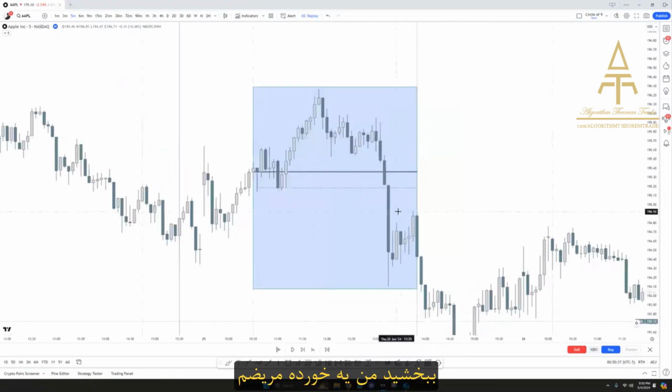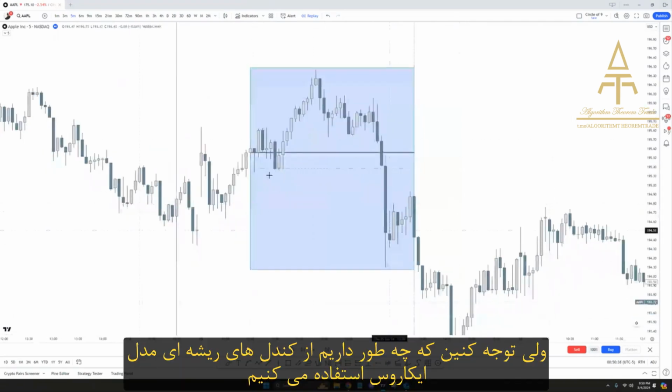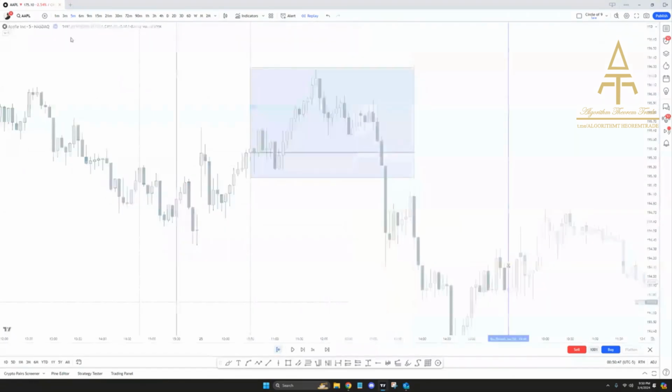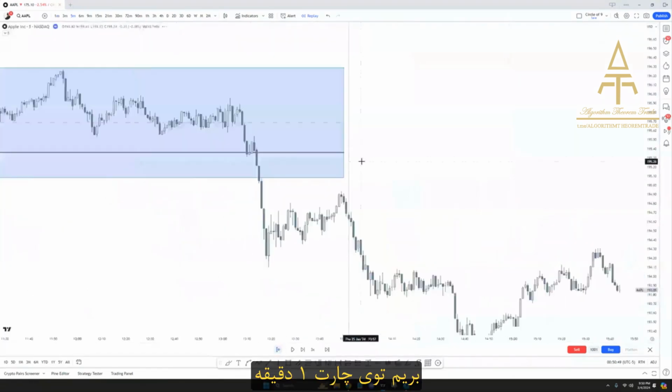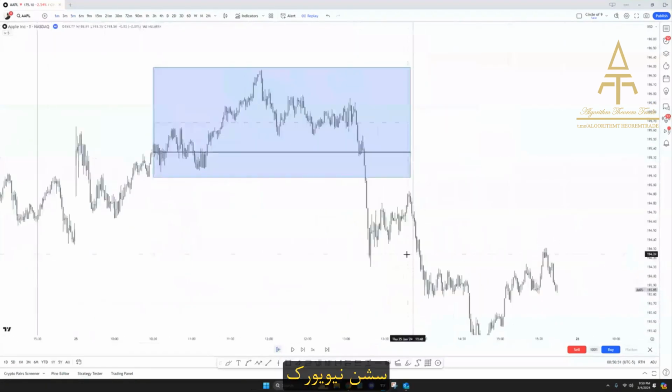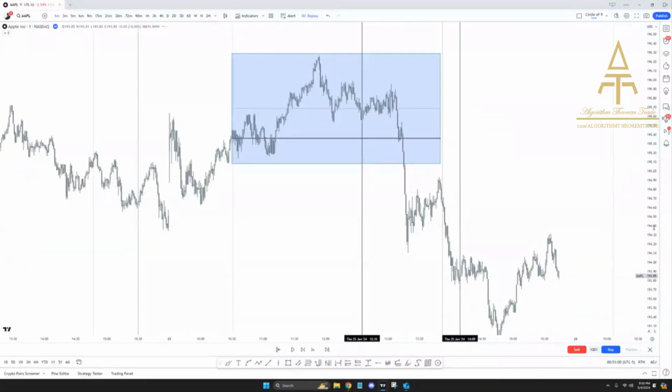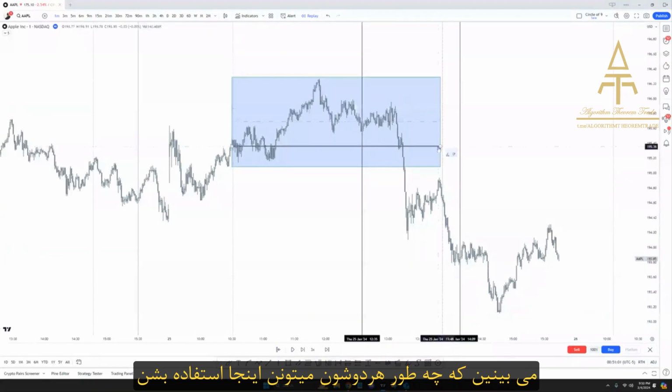Excuse me, I'm a little sick. But notice how we're using Icarus now, the root candle, and go to the 1-minute chart now, the New York session. Model 1001. You see how both can be utilized here?